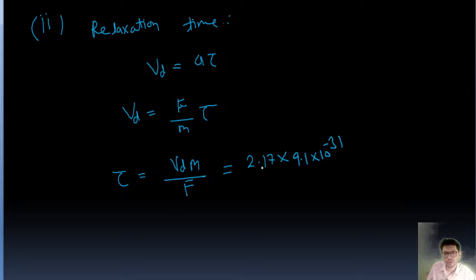So tau is Vd m upon F, and F is the electric force, which is QE. So in place of F, I can write QE.